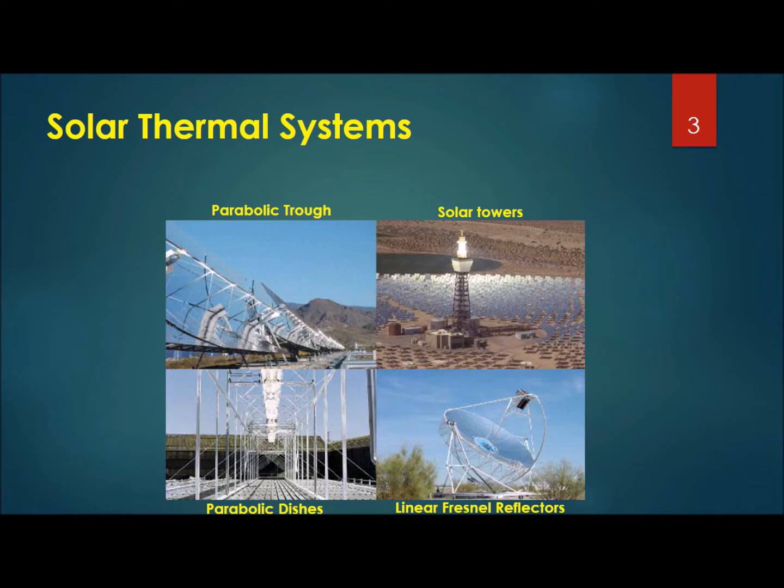Second one is solar tower. A circular array of heliostats concentrates sunlight onto a central receiver mounted at the top of a tower. The heliostats track the sun on two axes. The central tower can achieve very high concentrations of solar irradiation, thus resulting in extremely high temperature for the operating fluid.